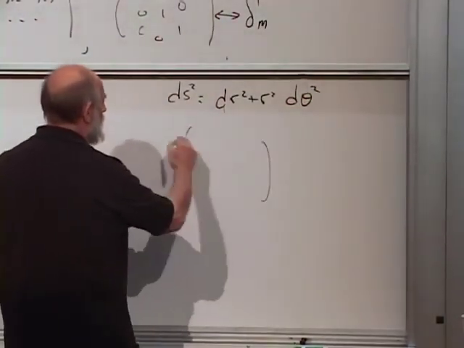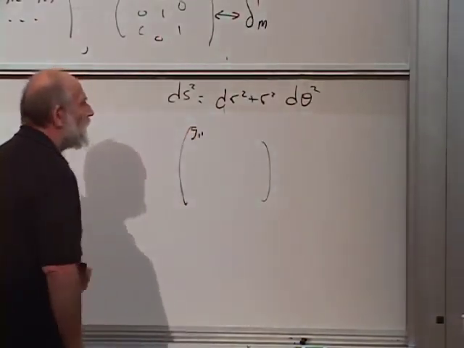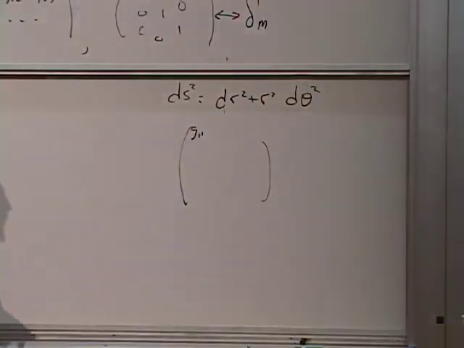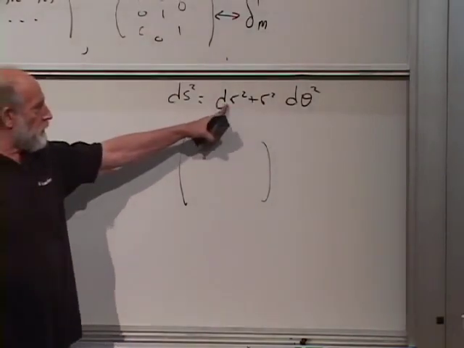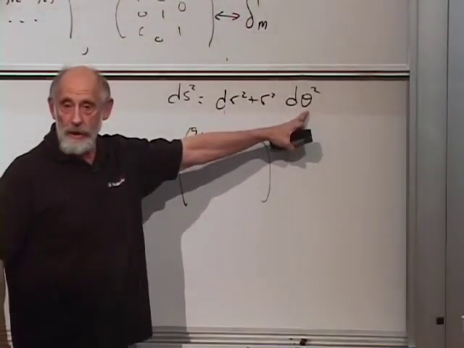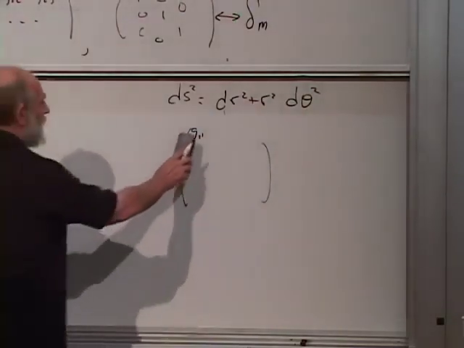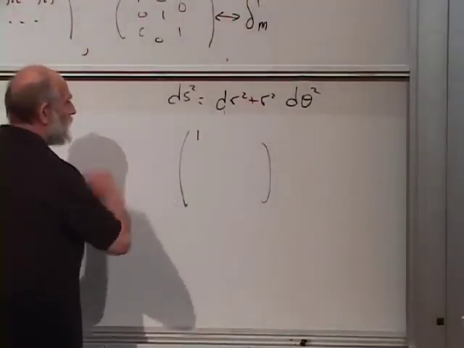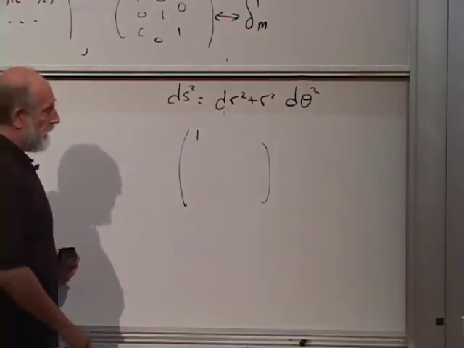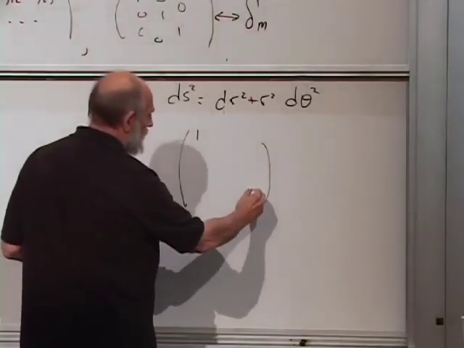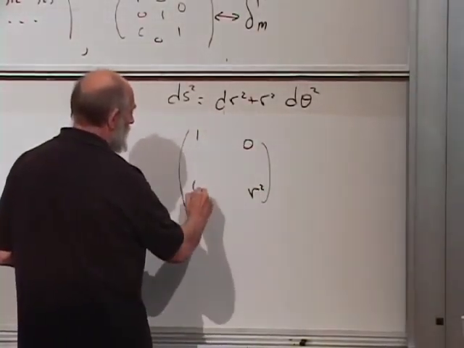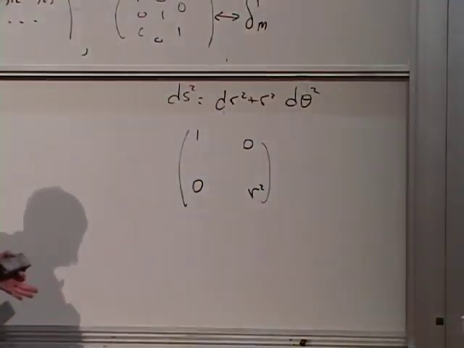All right, what's G11 in this case? Let's say r corresponds to the first coordinate, theta corresponds to the second coordinate. Just 1. What about G22? R squared. And 0, 0. No off-diagonal elements at all.